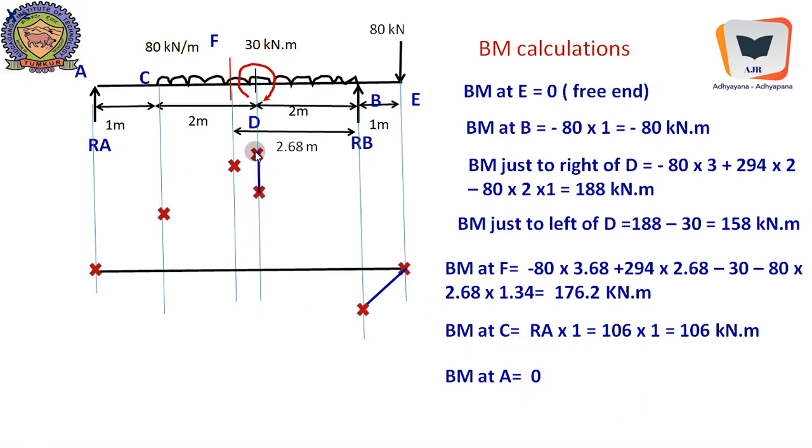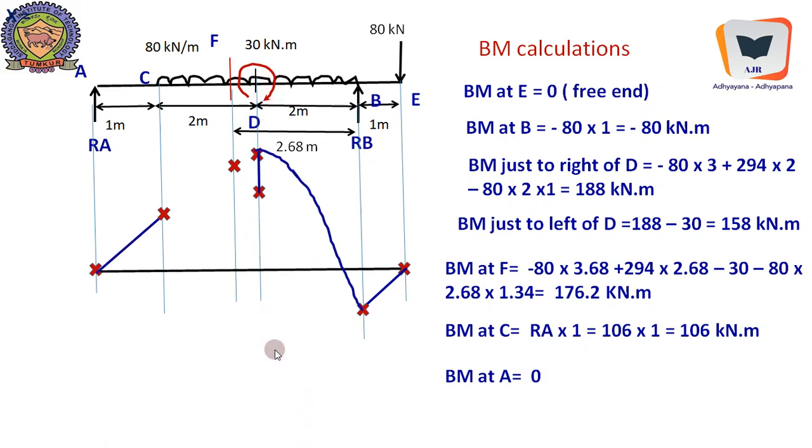There is a drop, and this drop height you can notice should be equal to 30 kilonewton meter. Just to the right of D it is 188, and just to the left of D it is 158. 188 minus 158 will give us the constant intensity of the concentrated moment, which happens to be 30, similar to the shear force diagram.